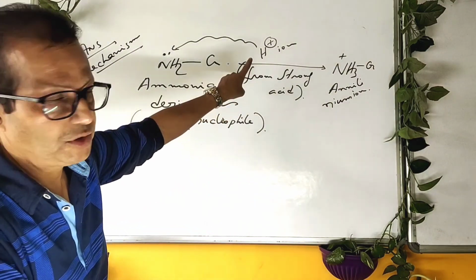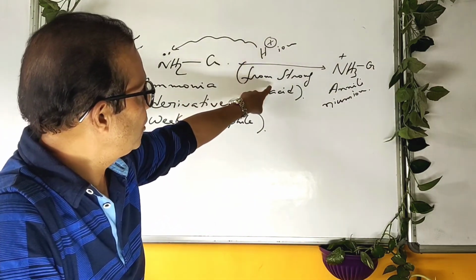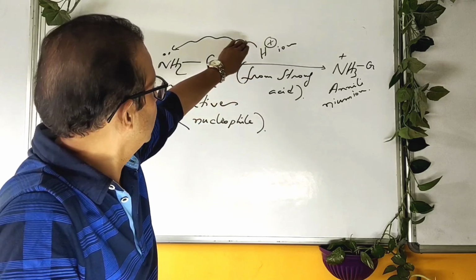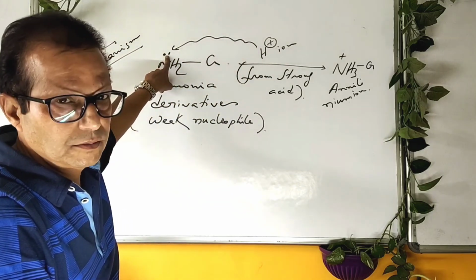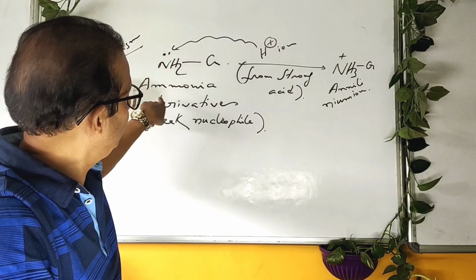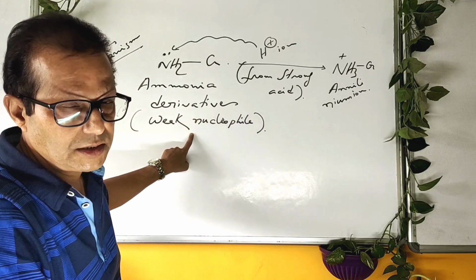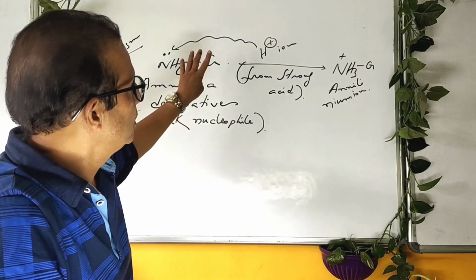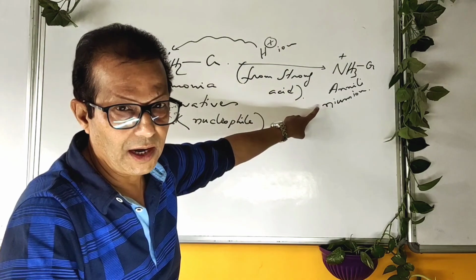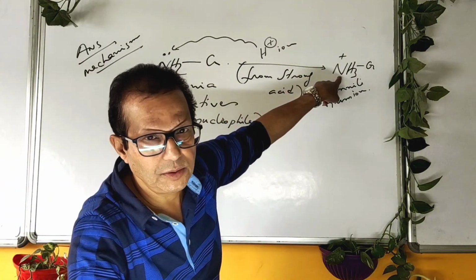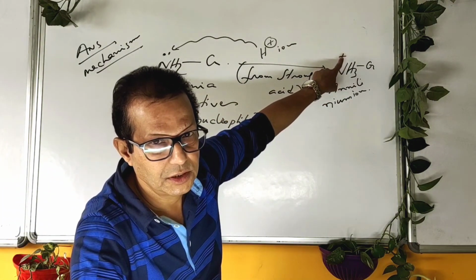The hydrogen positive ion from the strong acid gets attached to the lone pair of nitrogen of ammonia derivatives, as they are weak bases. So we get the anilinium ion, that is the nitrogen becomes positively charged.